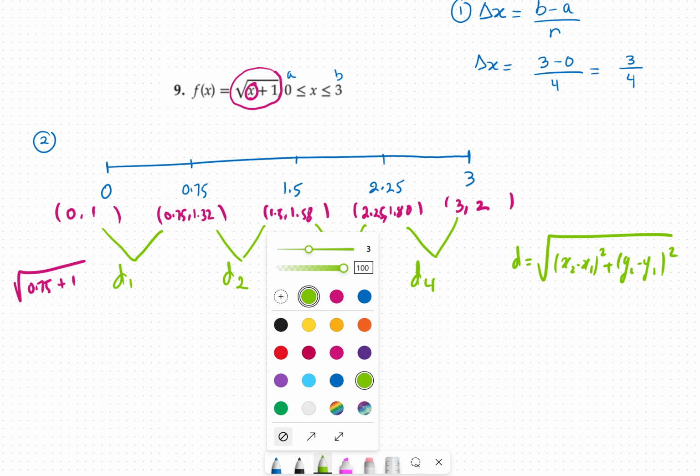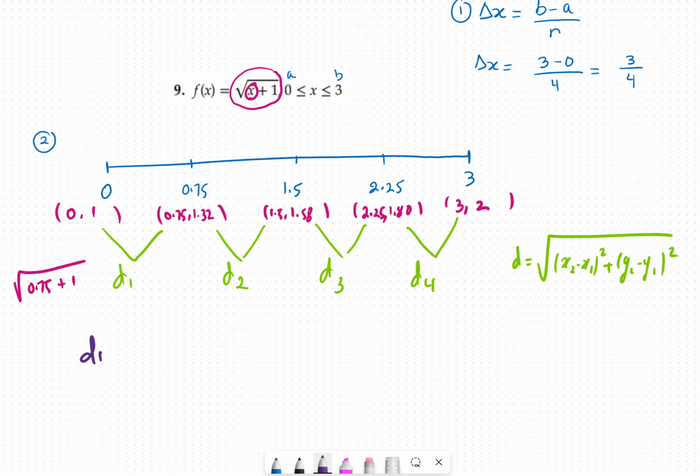So now I will start. I will say distance 1 equal the square root of 0.75 minus 0 squared plus 1.32 minus 1 squared.